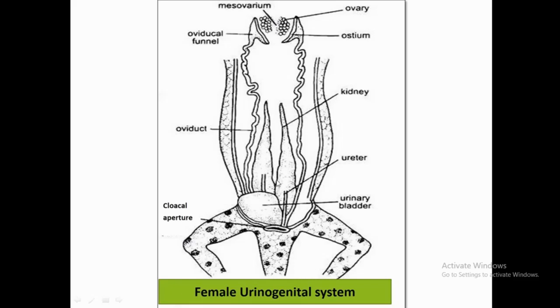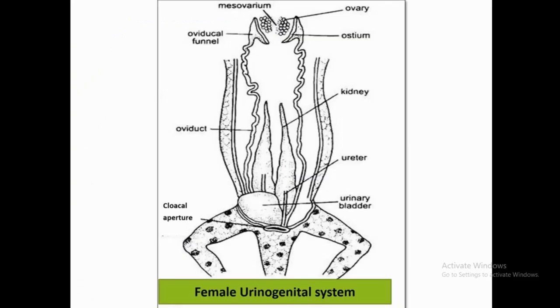In the posterior region, both these posterior lobes fuse together and appear like the alphabet V. See here, there is a formation of a V-shaped alphabet due to slight fusion of the posterior regions of both the kidneys.